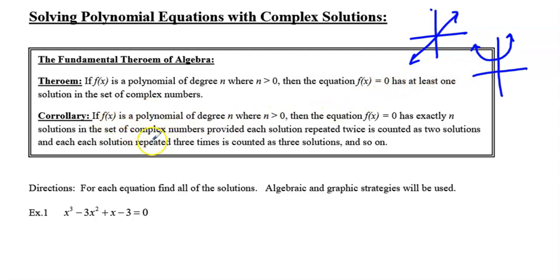Now, what this corollary is saying is really important. It's saying if we have degree n, so let's stick with 2 as our degree, so we're talking about a quadratic like this, then the equation has exactly n solutions in the set of complex numbers. So that means if you have a quadratic, there are exactly 2 solutions, okay? Provided that each solution that is repeated twice is counted as 2.